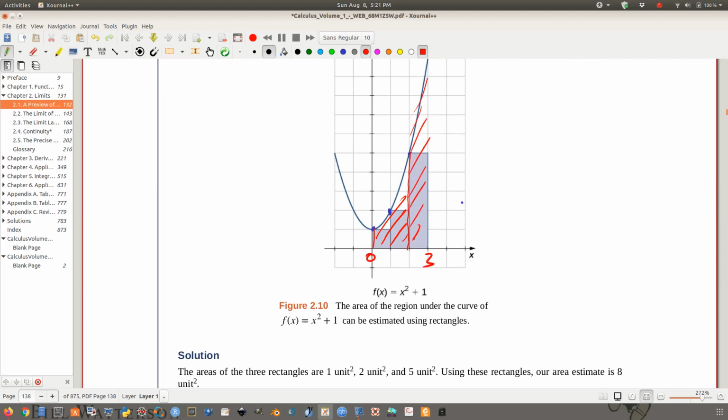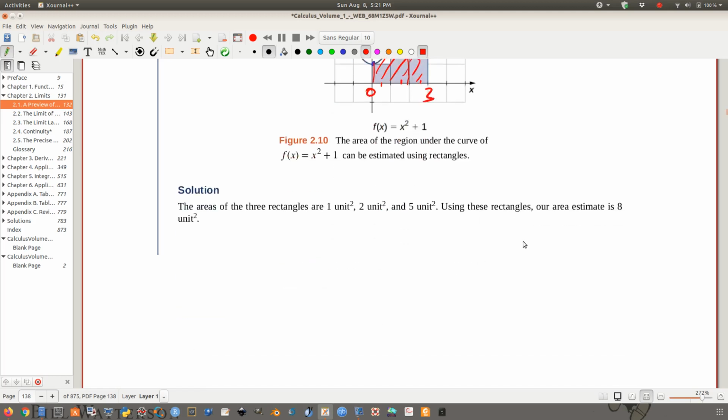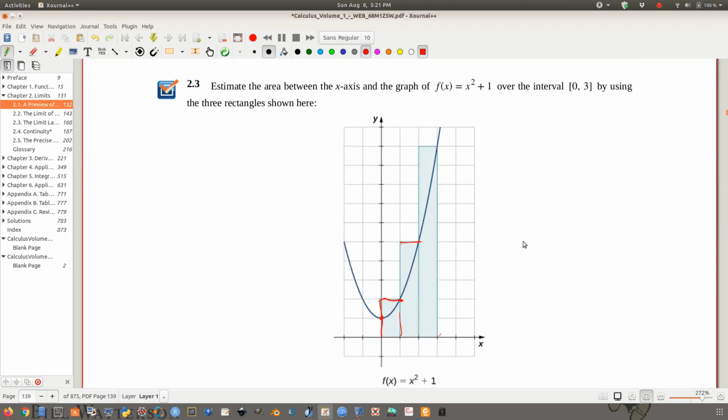So this is an approximation of the area, which obviously is missing this part, and this part. But it's an approximation. If we take more points in the partition, then we will approximate it better, try to fill up this. And as we keep breaking it further and further, we get better and better approximations. Okay, here if we approximate like this, so this is 2 plus 3, 4, 5 plus 6, 7, 8, 9, 10. 10.